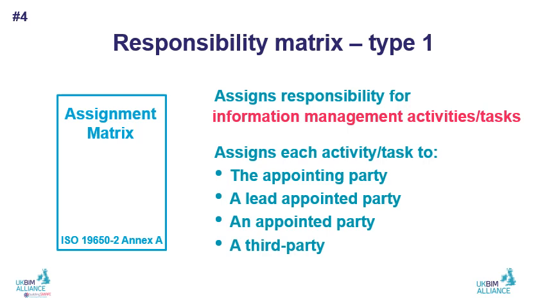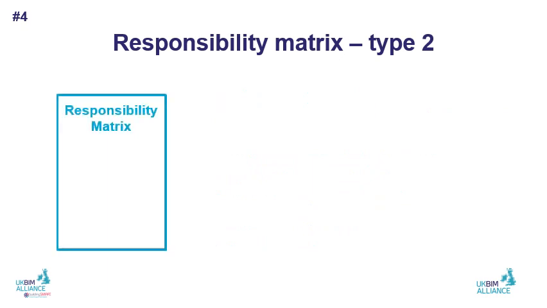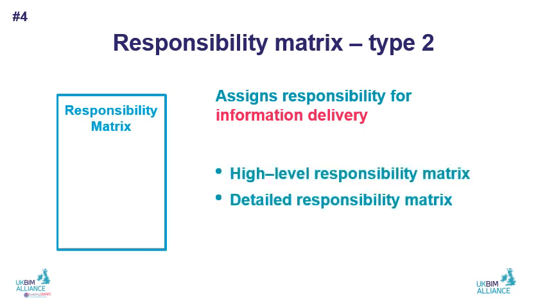It's basically a way of establishing a scope of services for information management. The second type of responsibility matrix is different. This one assigns responsibility for information delivery. It is split into a high-level and detailed responsibility matrix.